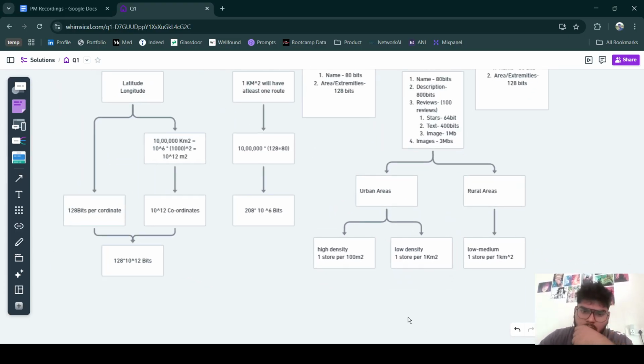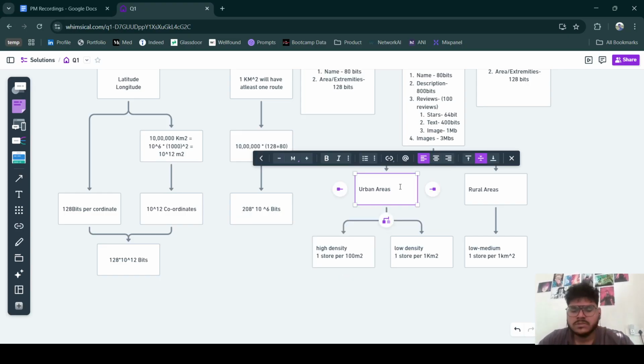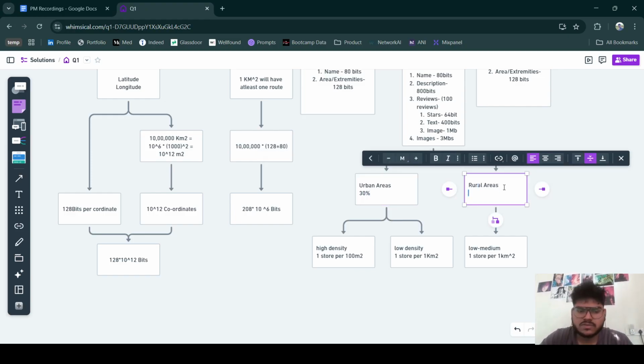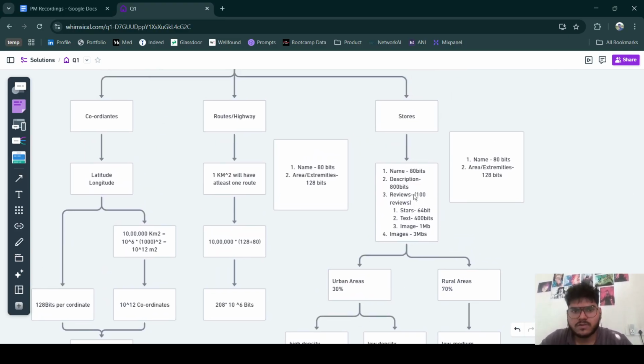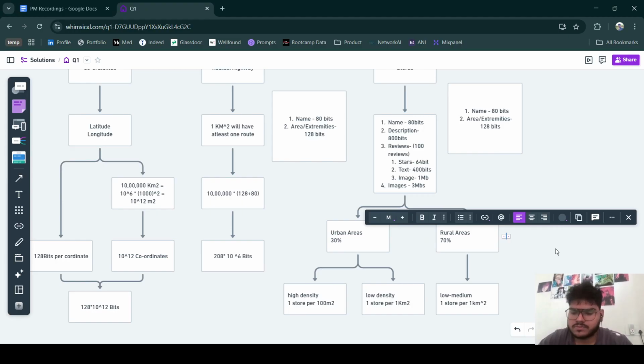So if urban areas are 30% of the Indian subcontinent, and rural areas are 70%, then 70% of 10 lakhs comes around 7 lakhs.